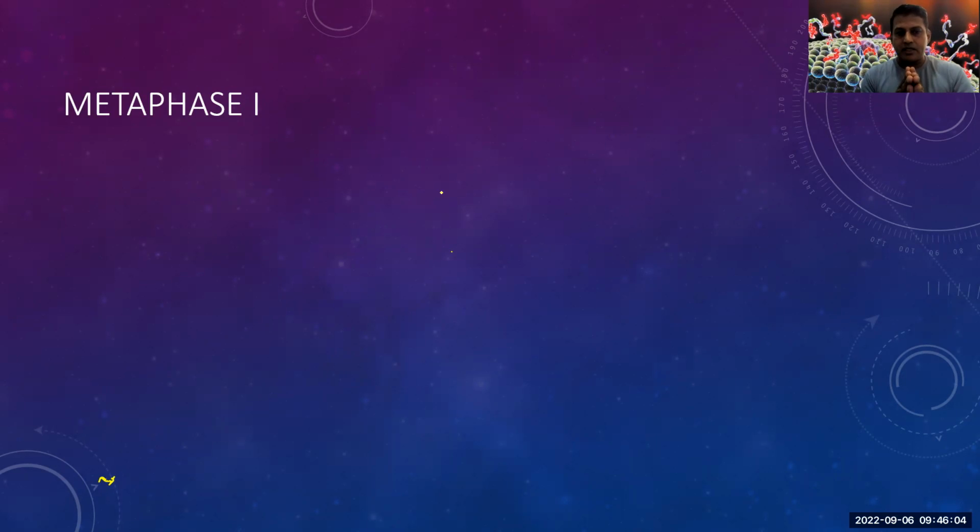In that case, there is only one chromosome attached to the spindle. In the middle, there's one chromosome, and below it, another chromosome like that. Just one chromosome lines up. Now, here is different. The pair of chromosomes, that means homologous chromosomes, line up like this, right?